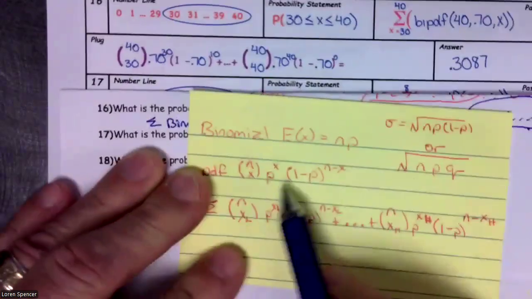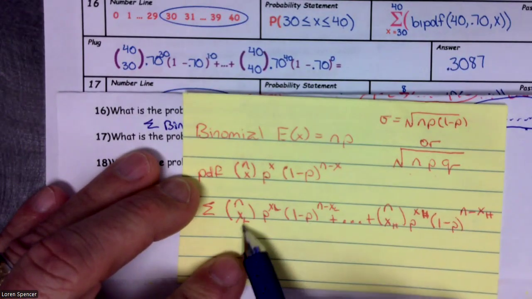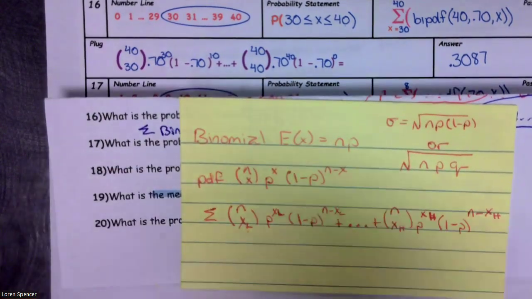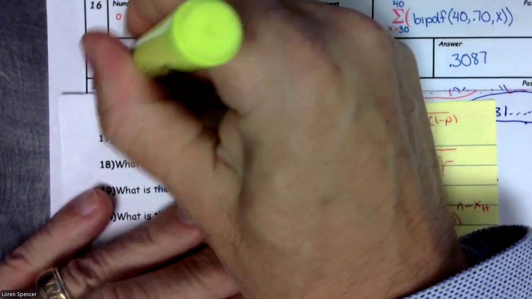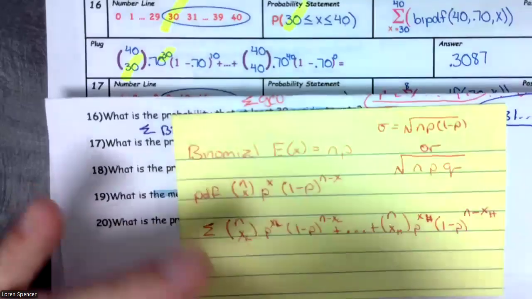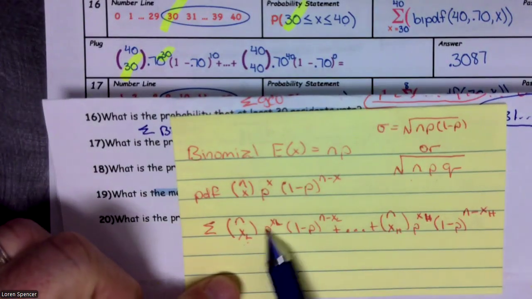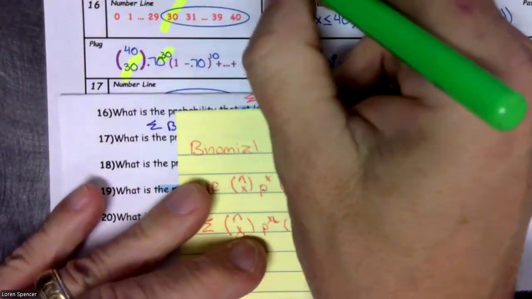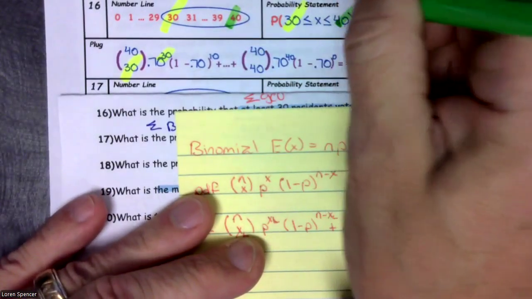So our formula, N of our low value, what was our low value? 30. So that's what went there. So our 30 should show up here, there, and there, because there's our low. Our high value, what was our high value? Well, 40.